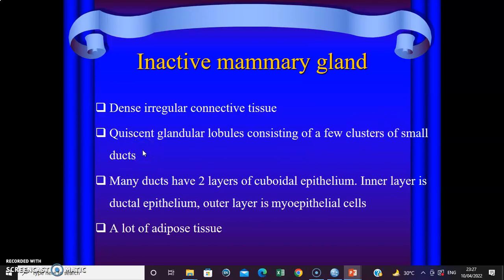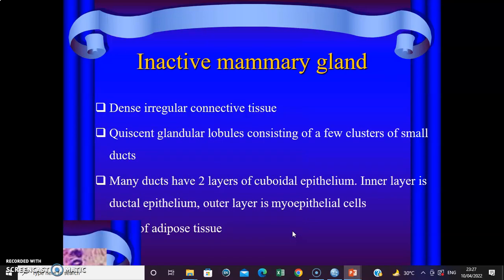The ducts don't need to transmit milk, so the ducts will have a cuboidal layer with myoepithelial cells still present, but not abundant. And then you have a lot of adipose tissue. In a mammary gland that's not producing milk, the adipose tissue is more than the glandular tissue. The glandular tissue is quiescent, and the ducts are not patent.